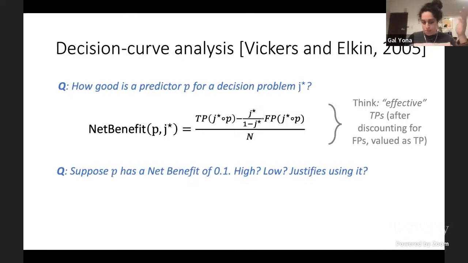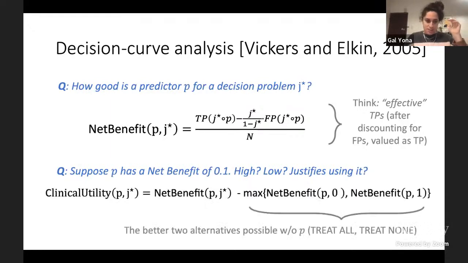So the proposal here, which is very simple but takes a step in this direction, is to define the clinical utility of a predictor with respect to a task as the net benefit after discounting or removing the maximum between the net benefit of two other things you could do, which is to threshold P at either a value of 0 or a value of 1.